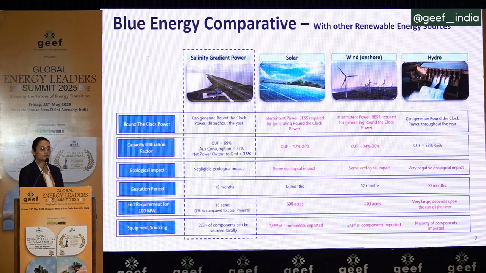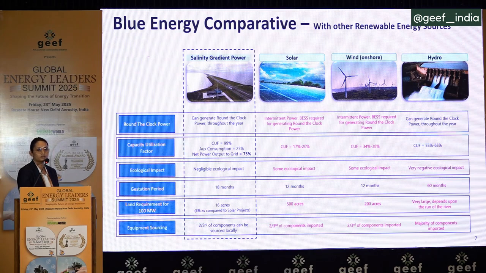Now let's compare blue energy with other renewable energy sources. I have tried to draw a comparison between blue energy, solar, wind, and hydro. Compared to solar and wind, blue energy is better because it is non-intermittent. It can produce round-the-clock energy. The CUF from blue energy projects is as high as 99%.